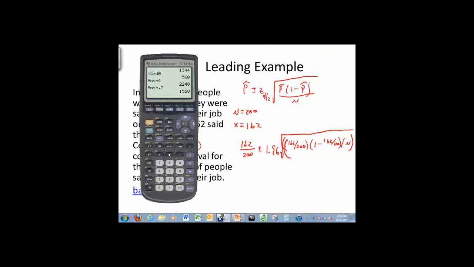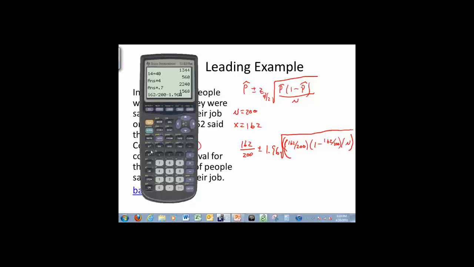I'm just going to go 162 divided by 200, and I always like to start with the lower bound, so I'm going to go minus 1.96, and now this is where we have to be careful with our bracketing, unless you guys have the newer 84s where it just kind of follows along in there.